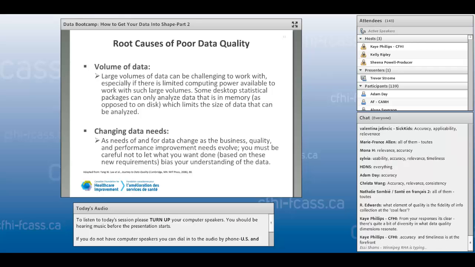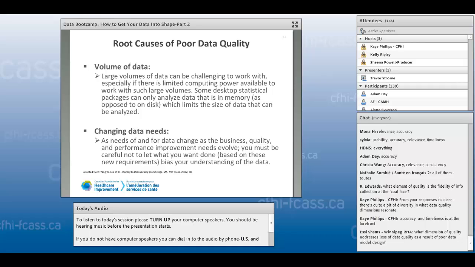Now in healthcare, we're also experiencing large volumes of data. These large volumes of data can come from electronic medical records, or as we talked about last time, even social media data, other sources of data which are giving our analysts a lot of information to access. But sometimes this large volume of data that we have may be too much of a good thing.